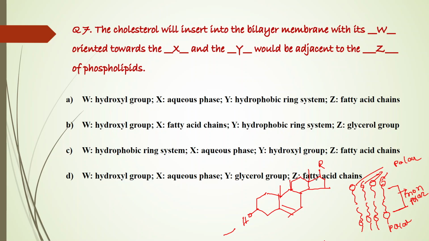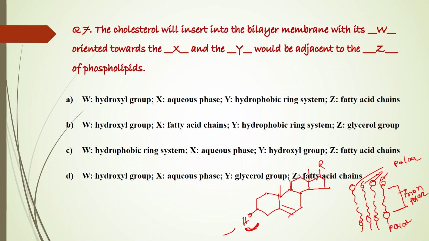First of all, you can see in the cholesterol structure there is a hydroxyl group. That means this particular OH functionality is a polar group. So obviously it will try to orient itself in such a way that it remains in contact with another polar region.